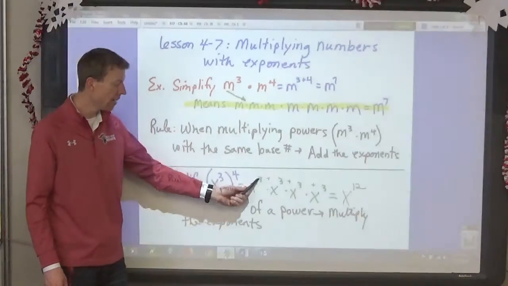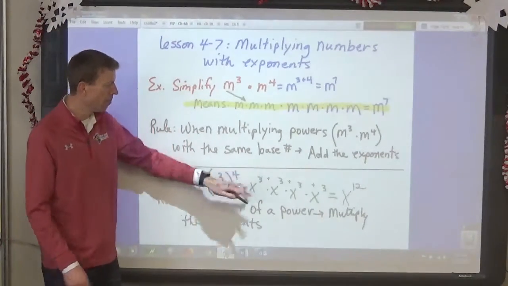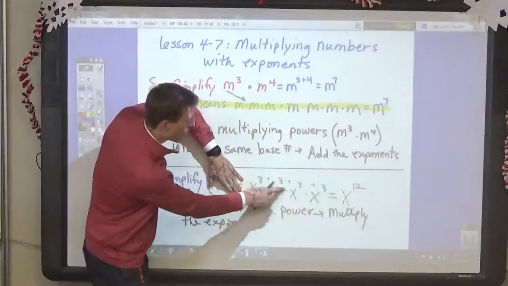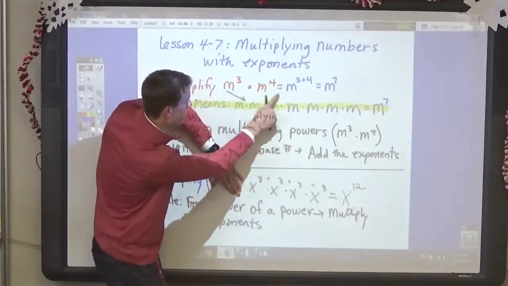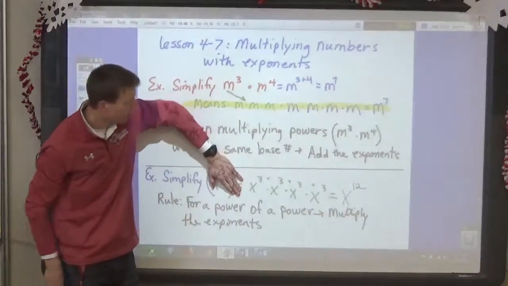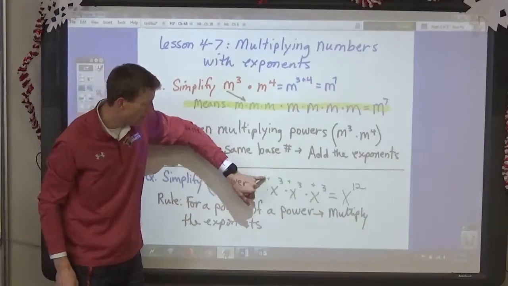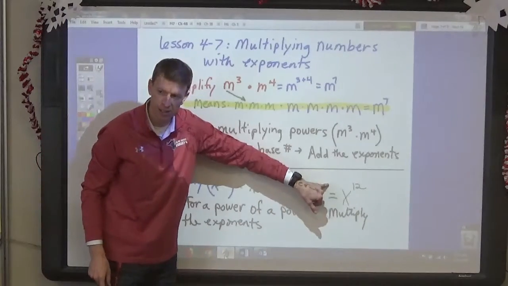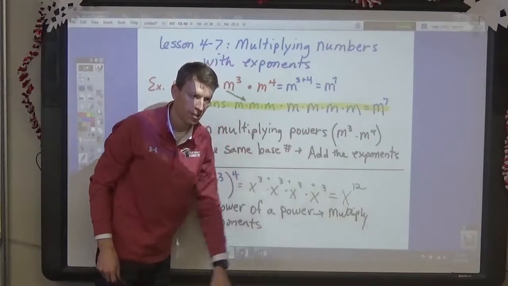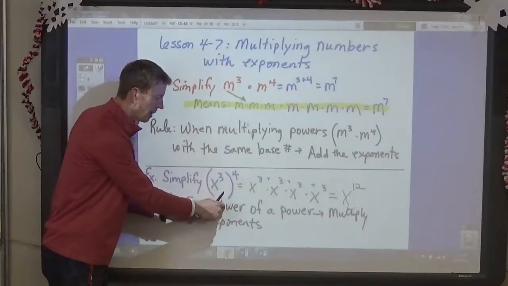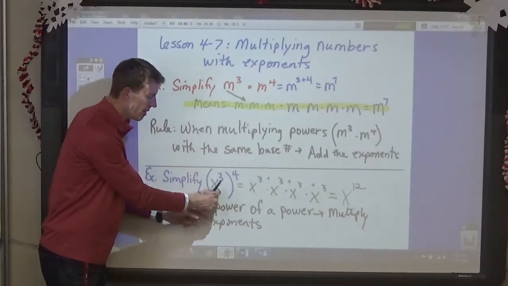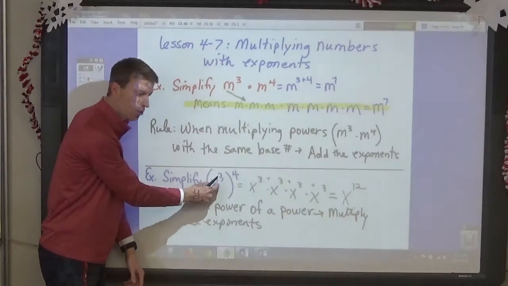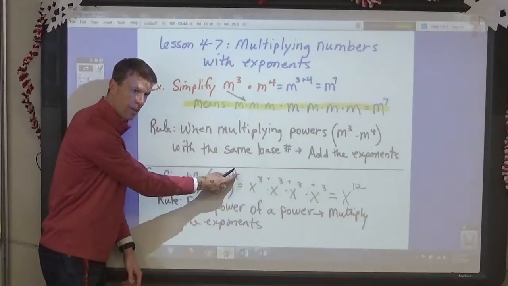You're still adding, because if you look at just this portion, this is the same as this, isn't it? X to the third, 3 plus 3 plus 3 plus 3, which is 12. But if we write that as a power, that's x to the third to the fourth power.